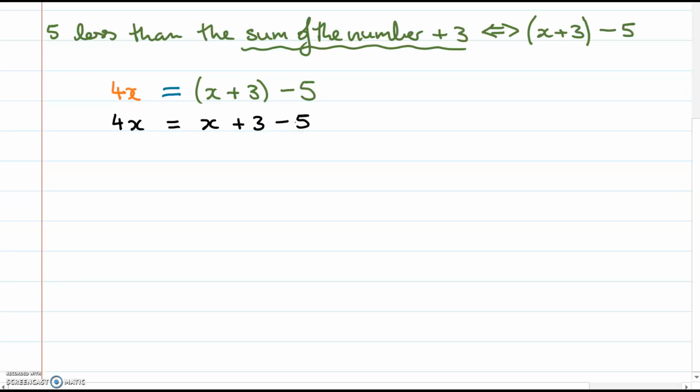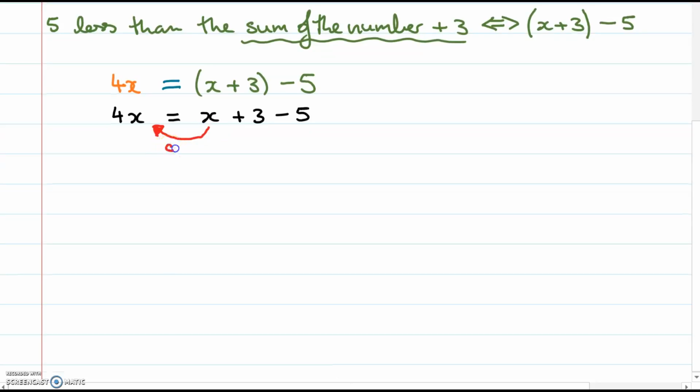Now, in solving an equation, what we want to do is isolate the variable. So that means taking all the x's over to one side. So we'll take that x there and bring it over to this side. And as we bring a number or a variable over, we're going to change its sign. So as the x comes over, we change its sign.